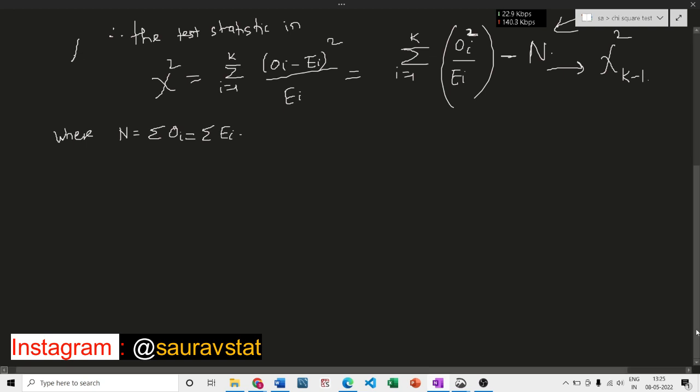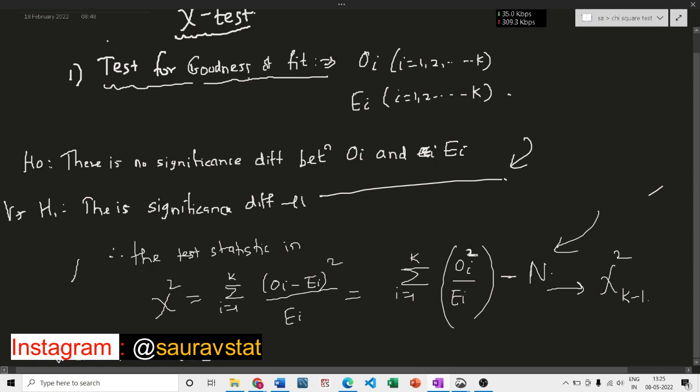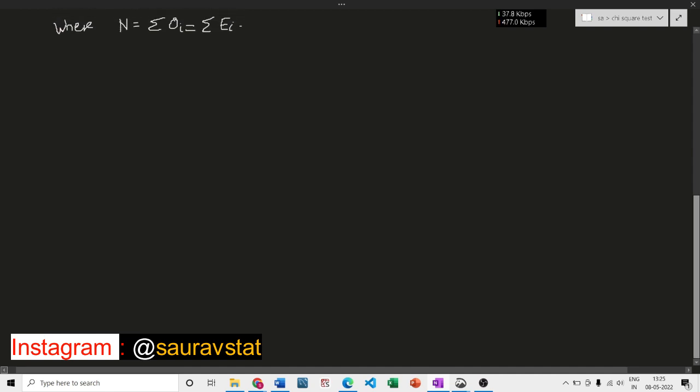In the chi-square test of goodness of fit, we are not using alpha by 2 as in the case of the two-sided test. So here we are directly using the critical region.